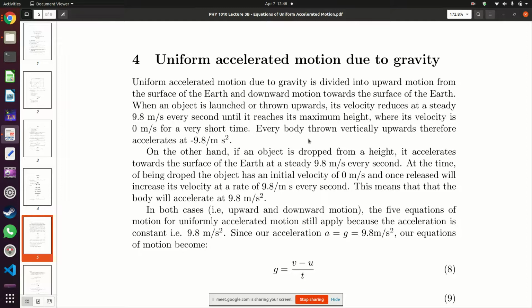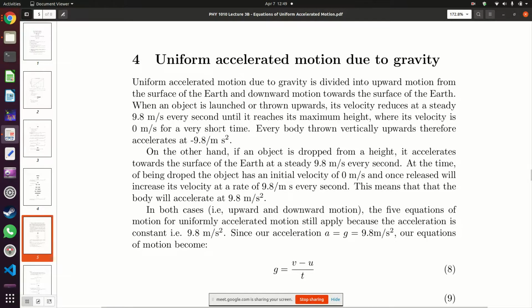When something is being pulled towards the surface of the Earth, it tends to change its velocity. If you are holding something in your hand, the velocity of that thing is 0 meters per second. When you let go of that object, its velocity will not stay the same. The velocity will change. In fact, the velocity will increase as that object approaches the surface of the Earth.